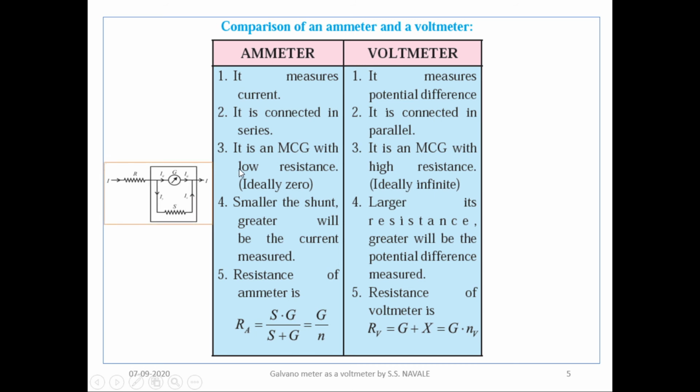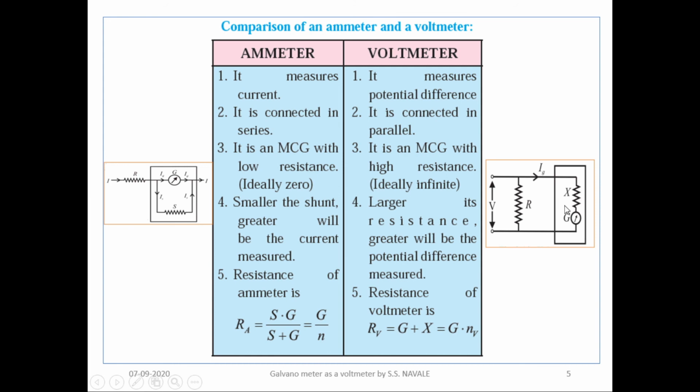Third, in the application of the galvanometer as an ammeter, we connect a very low resistance parallel to the galvanometer. So it is a moving coil galvanometer with low resistance, and ideally it should be 0. In the application of the galvanometer as a voltmeter, we connect a very high resistance in series with the galvanometer.